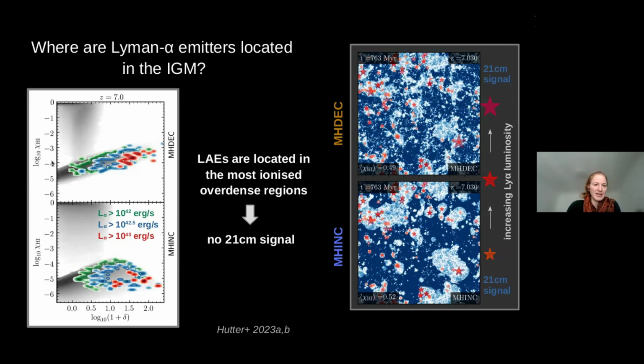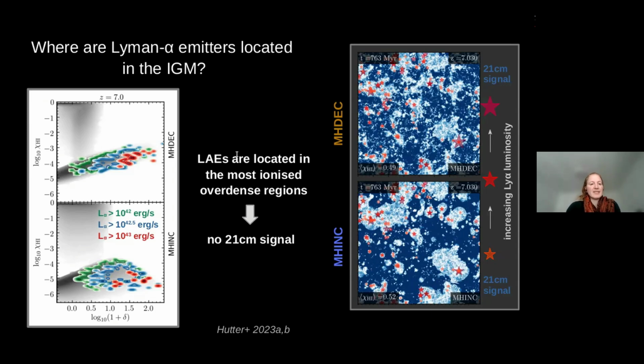And so what you see here on the left side is essentially the neutral fraction of the IGM versus the overdensity. And then you see in the colorful contours where the Lyman alpha emitters lie. And what you can conclude from here is essentially they lie in very ionized regions.